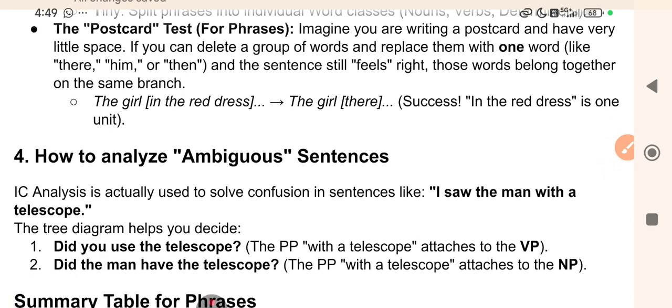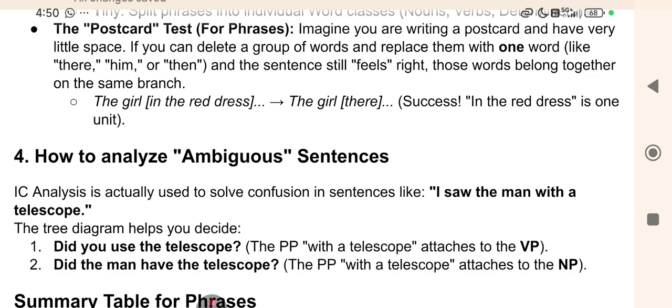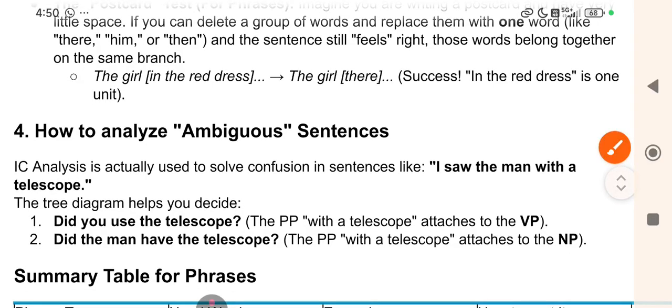If you can delete a group of words and replace them with one word like there, him, then, the sentence still feels right, and you feel that the substitute appropriately suits that particular phrase. So you can remove the group of words and substitute one word, right? This is another trick they have suggested.